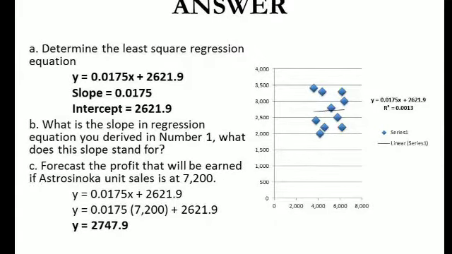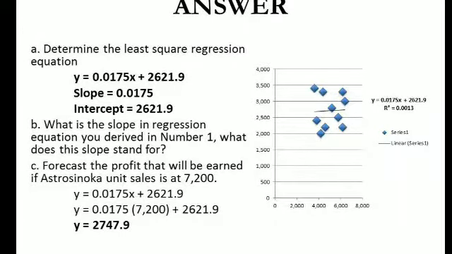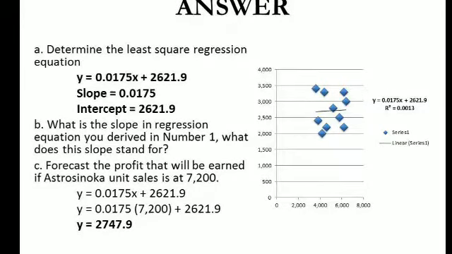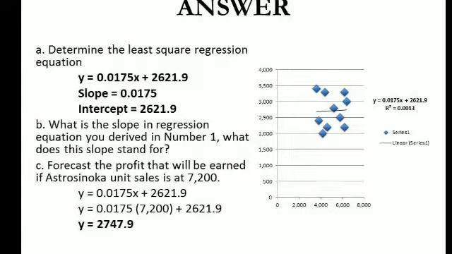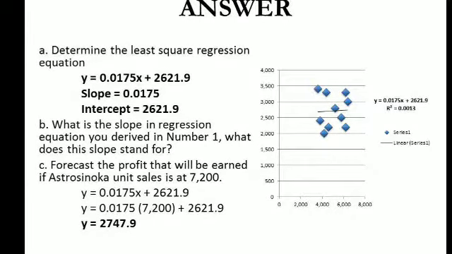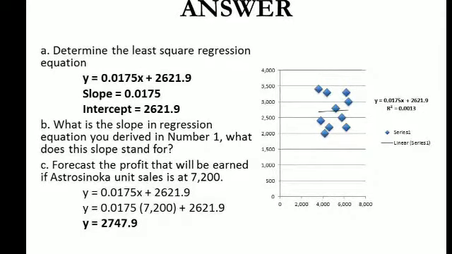The slope is 0.0175 and the intercept is 2,621.9. Now, what profit will be earned if AstraZeneca's unit sales are at 7,200?